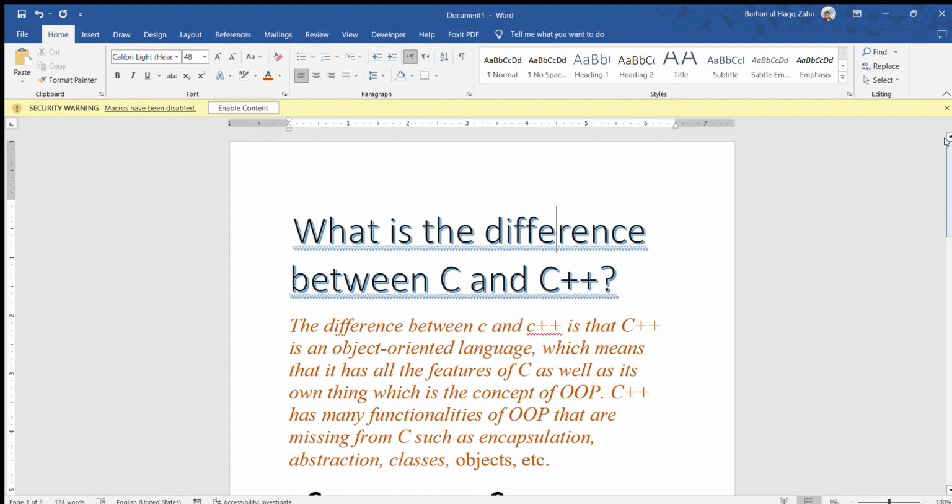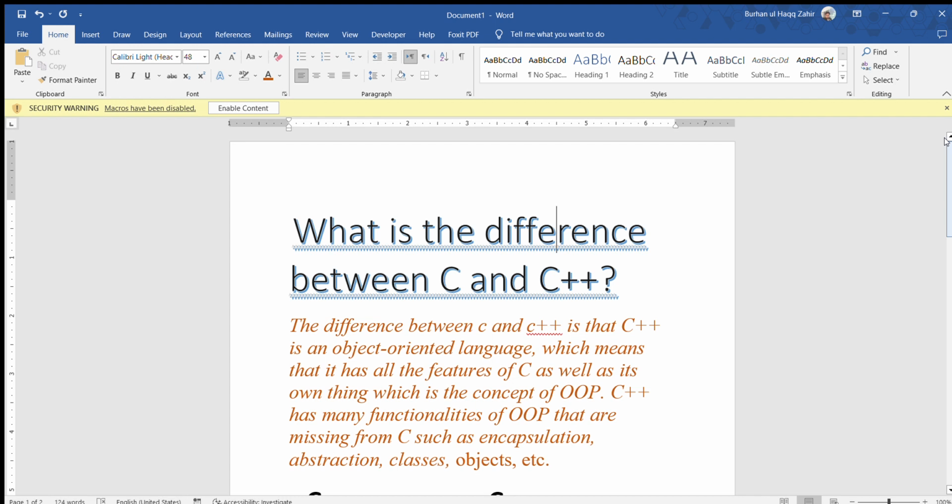The first difference is that C is not an object oriented language, while C++ is an object oriented language. So C++ is the extended version of C.